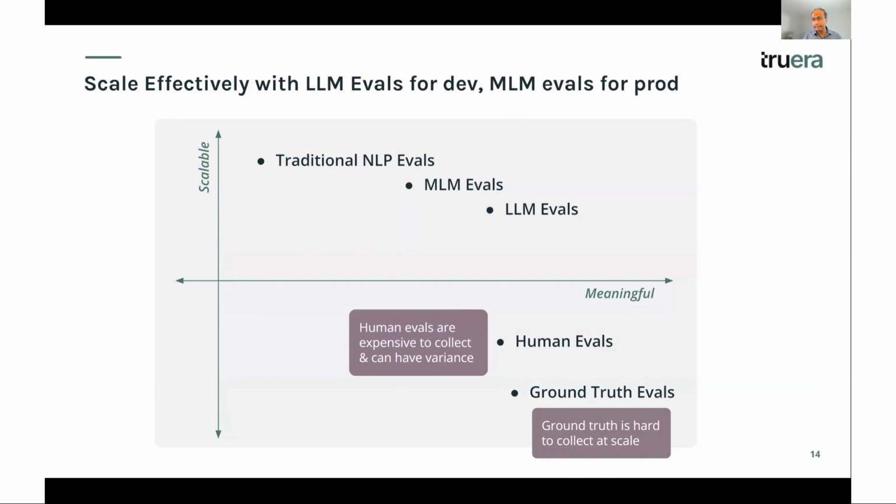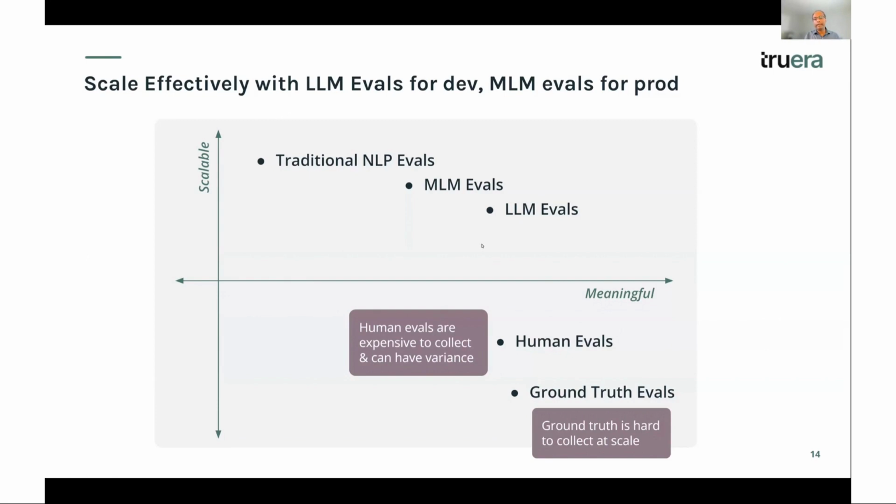So they scale a little bit better than pure creation of ground truth, curated data sets. However, they're still fairly expensive to collect. Not everyone is going to provide that feedback, and there is often variance across different people. If you ask them the same question, you can get different answers. So we are starting to get a little better in terms of scaling, but it's still very manual.